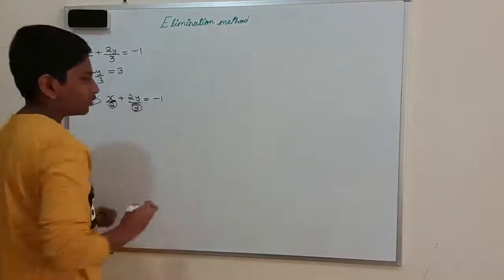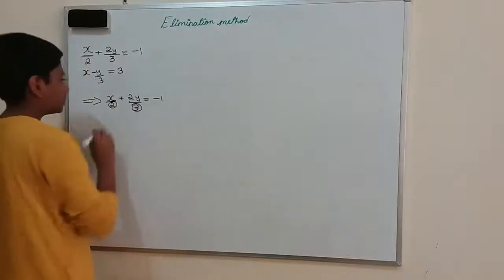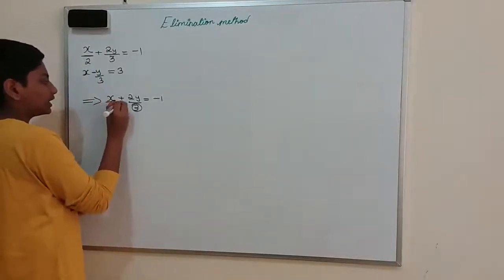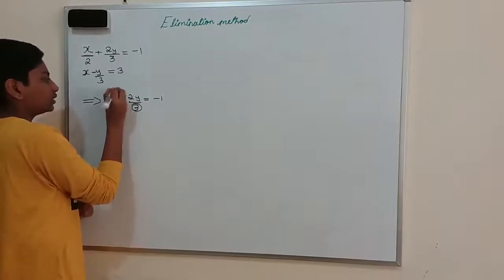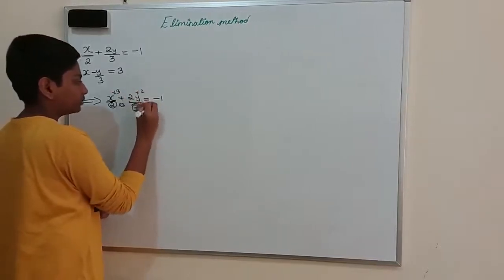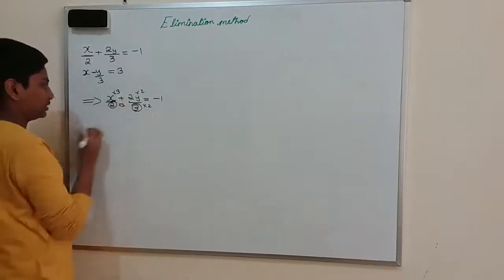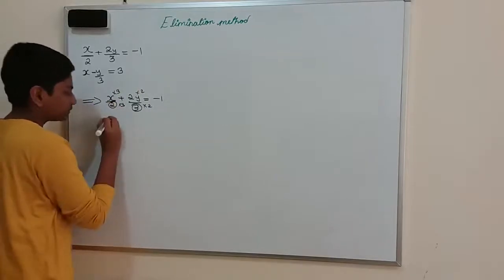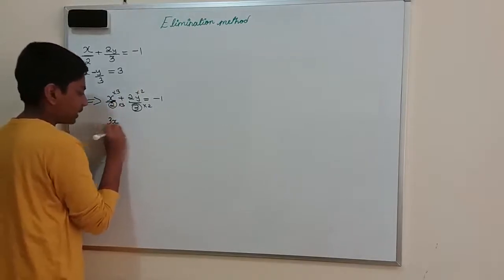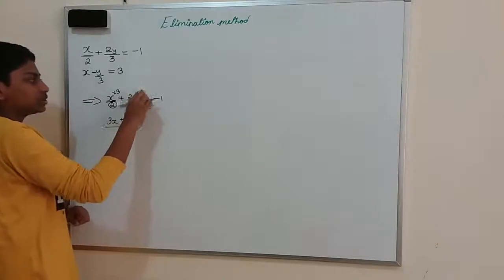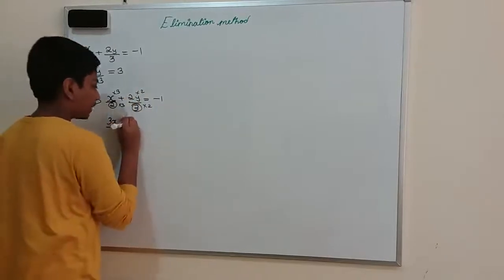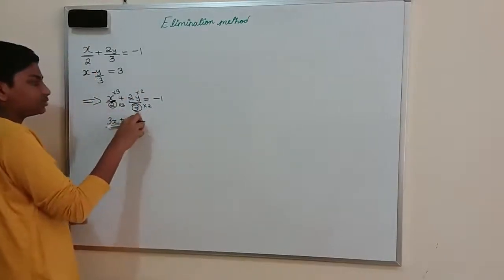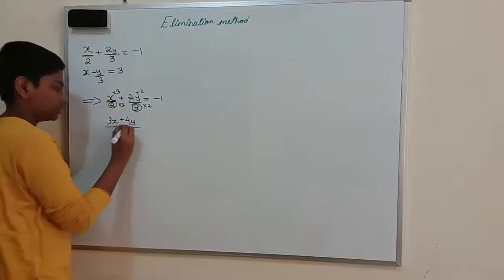If I take the common multiple, what will I get? 6. So the denominator is 6. I should multiply the first term by 3 and the second term by 2, numerator and denominator. So 3 into x will be 3x plus 2 into 2y will be 4y, and 3 into 2 will be 6, and 2 into 3 will also be 6.